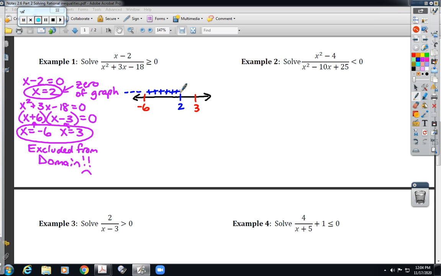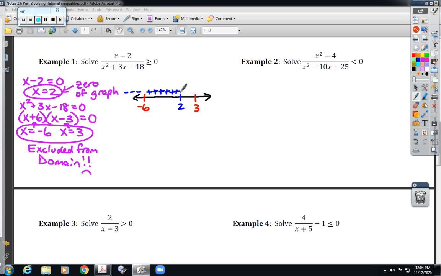Then we pick, this is the one that sucks, we have to pick a value between 2 and 3. So 2.5 or 5/2 is probably our best option. Now plugging 5/2 in here is not going to be fun without a calculator. Okay? So we plug in 2.5 to the top. That's positive, because that'd be 1/2, right? Positive 1/2.